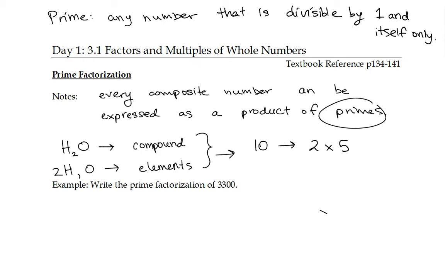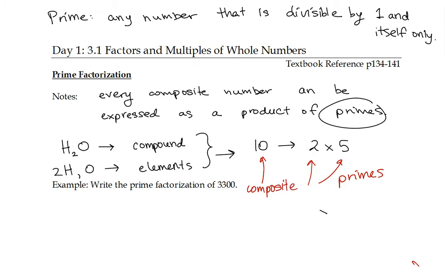All right, I'll switch colors. These 2 and 5, are they composite or prime? 2 and 5. What can 2 be divided by? 2 and 1 only, right? 5 can only be divided by 5 and 1 only. So these are the primes. This is the composite.